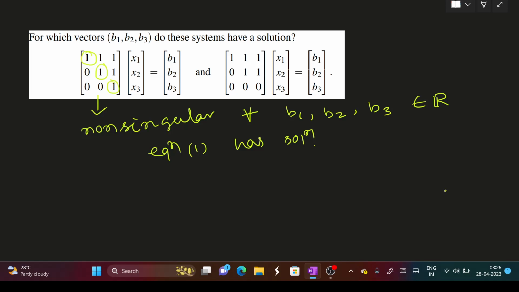But about the second, in this case, here what is the coefficient matrix, and here x3 is b3, x2 is to be obtained from the equation.